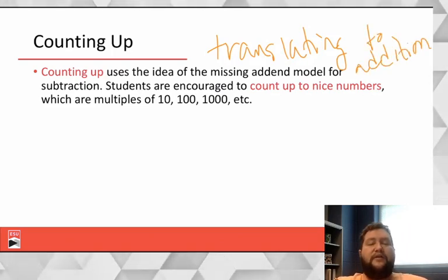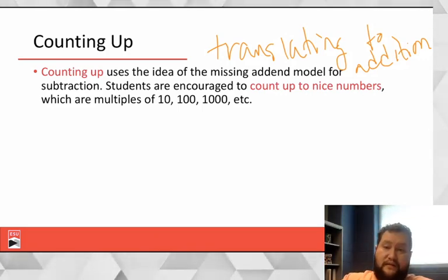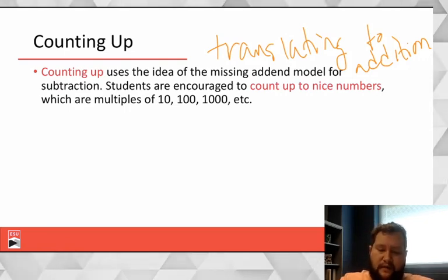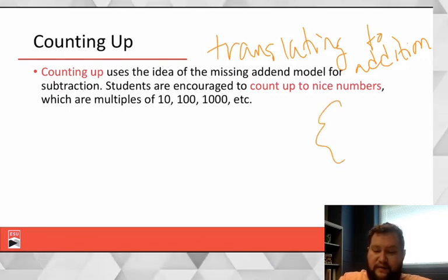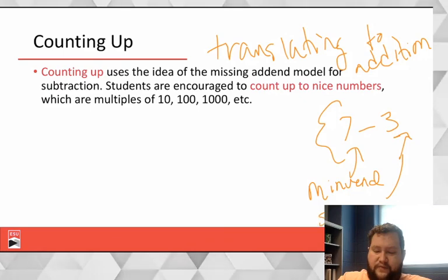But we're going to count up from our subtrahend to our minuend. So if we have, this is just an aside, 7 minus 3, this is our minuend, and this 3 is our subtrahend.